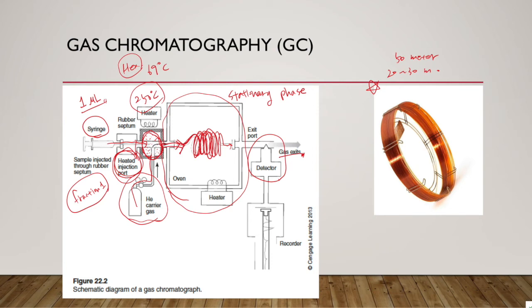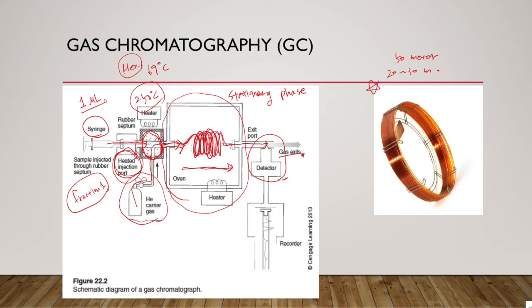So once these vapors go through it, that's where the separation occurs. Let's say you have multiple components in your sample; they will be separated in this long capillary based on their boiling points. The first component, which is the most volatile, passes through the column first, and then it will reach the detector first.